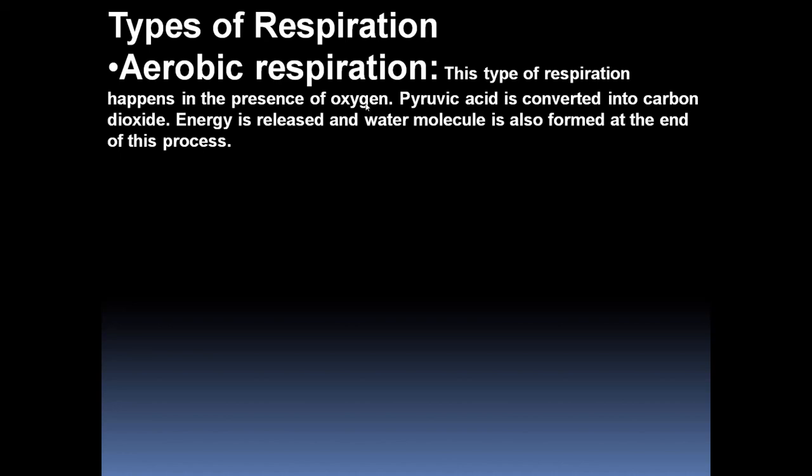Then, in the presence of oxygen, in mitochondria, pyruvic acid is converted into carbon dioxide, water and energy is released. So, carbon dioxide and water are the final end products formed in aerobic respiration.